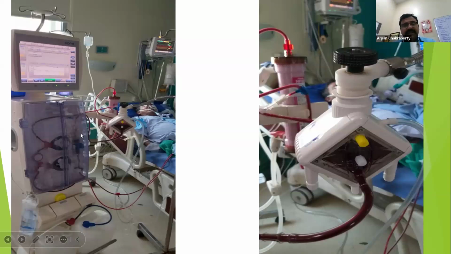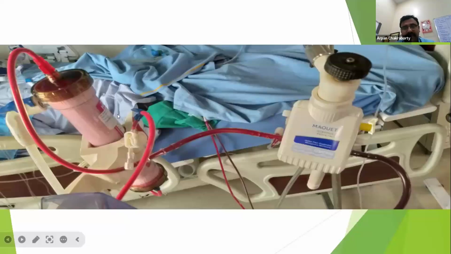Now you can see the technique we're using. The patient is getting a normal dialysis with the normal filter and a membrane lung, which is a pediatric oxygenator, connected in series. This is the membrane lung, and this is your dialysis membrane. So these two are connected in series.